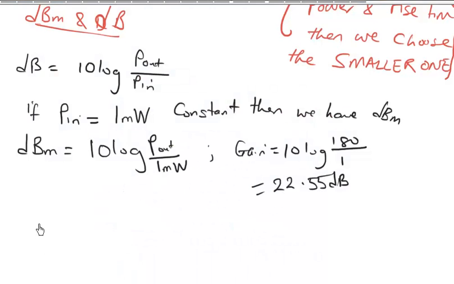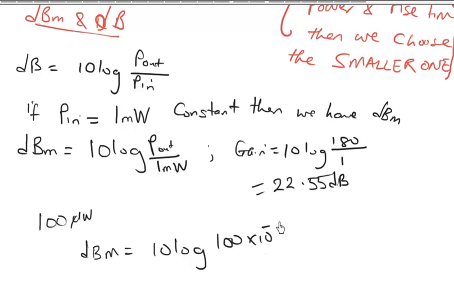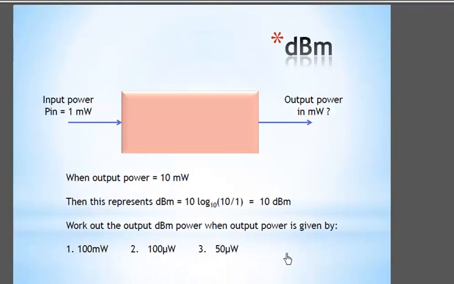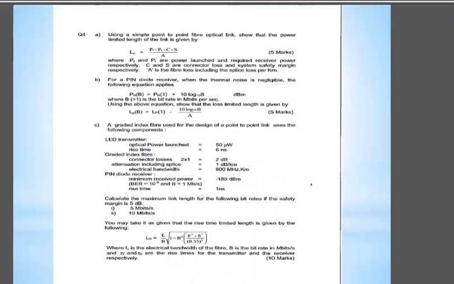So 100 microwatt in dBm is what? 10 log of 100 times 10 to the power minus 6 divided by 1 times 10 to the power minus 3. So you do all this magic and you get your answer. So that's dBm.